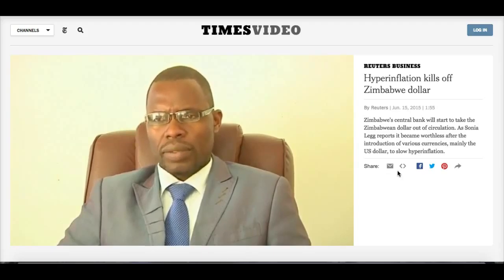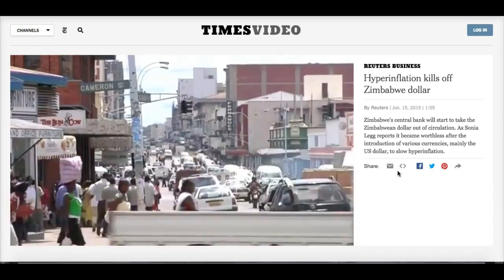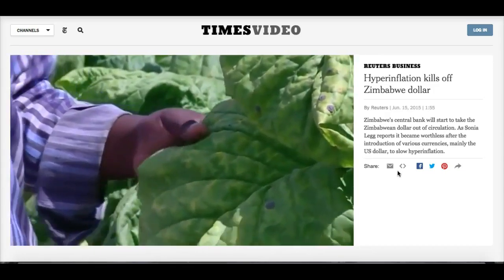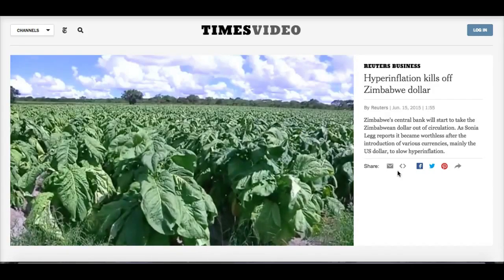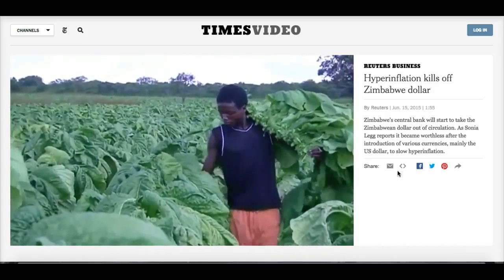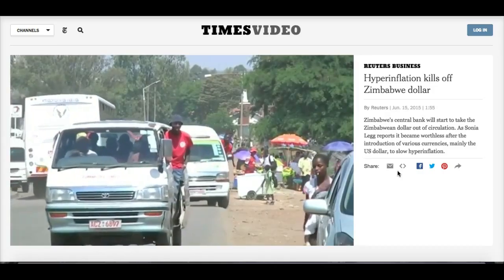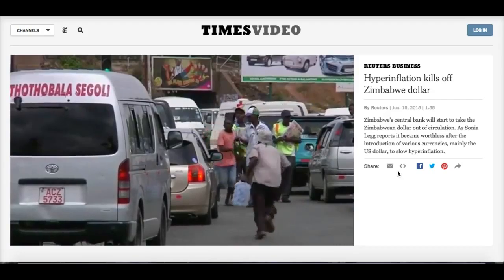restore sanity. 15 years ago, the economy was plunged into crisis when Robert Mugabe's government started a campaign of violent seizures of white-owned commercial farms. They were distributed to black subsistence growers, and as a result, exports of tobacco and other crops were slashed. The economy shrank, creating a recession that lasted until 2009. So can Zimbabwe return to its financial glory days anytime soon?